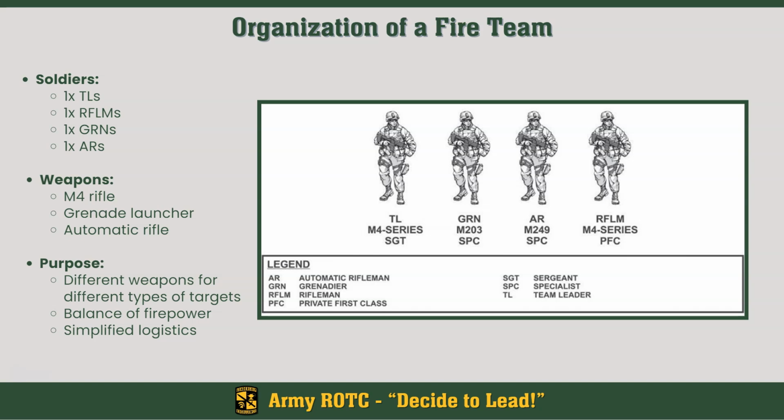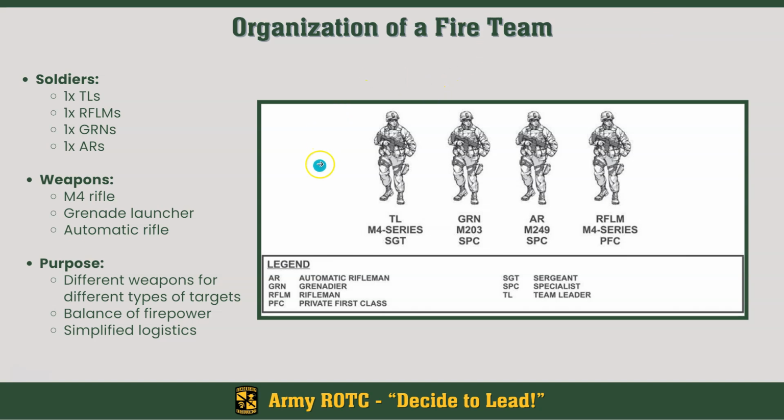Know that this could look different depending on the branch, depending on the unit, but for basics and understanding, we're using the infantry fire team. Now, the weapons that this team carries are the M4 rifle, a grenade launcher, or the M203, or the M320, and an automatic rifle or the M249.